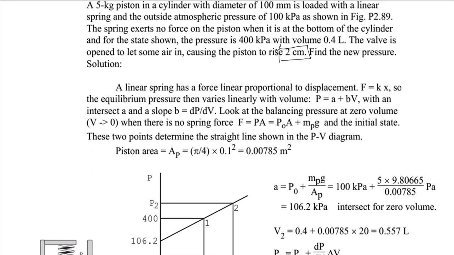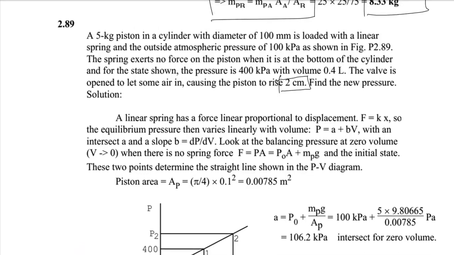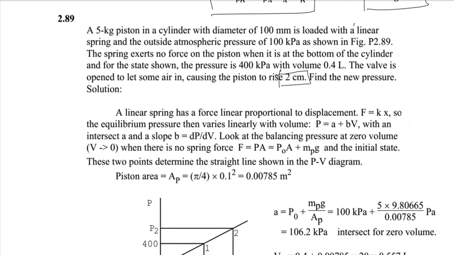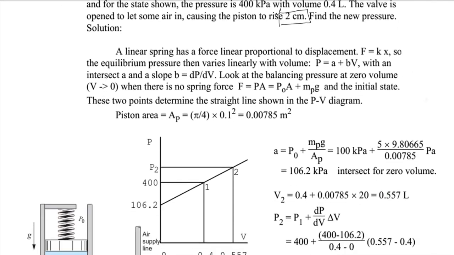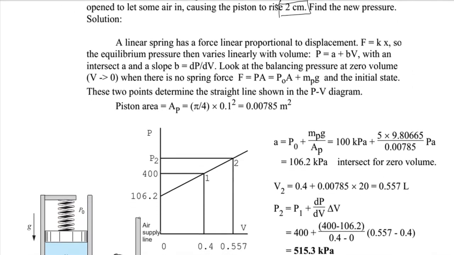Find the new pressure when it rises 2 centimeters. The condition given is of the linear spring, so that means the spring force would be proportional to linear displacement. Now we have got a different condition.